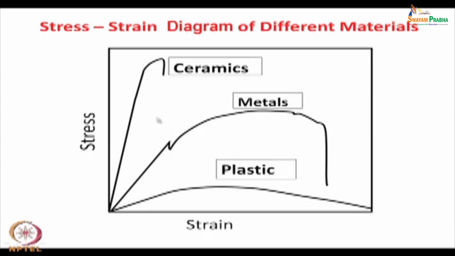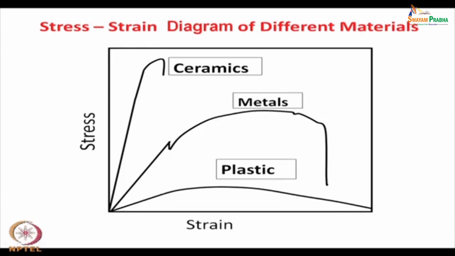Beyond this elastic range, or what you call the yield stress, particularly for metals, this part of the diagram, either in the case of metals or plastic, is called plastic deformation. That is an irreversible kind of deformation.